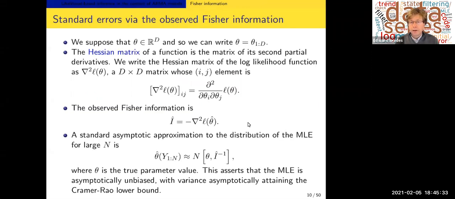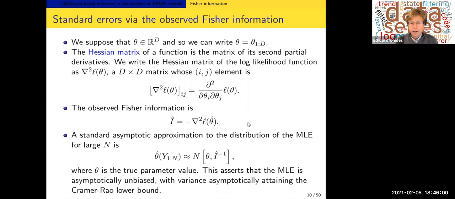Here's the observed Fisher information, a textbook way to get standard errors. So we're going to suppose that theta is a d-dimensional vector. And so then we can write theta equals theta 1 to d, where theta little d is the dth component of theta. Then the Hessian matrix of a function is the matrix of its second partial derivatives.